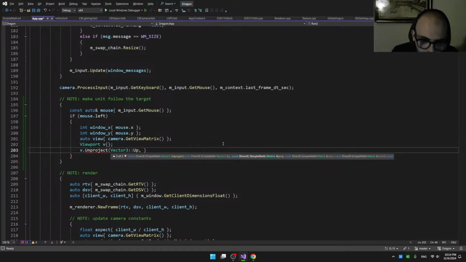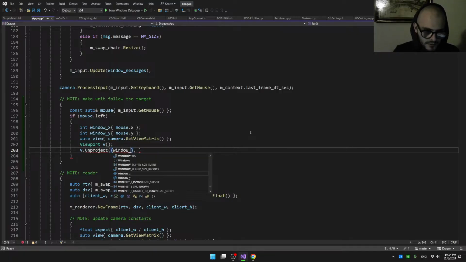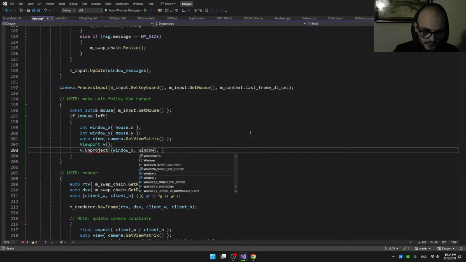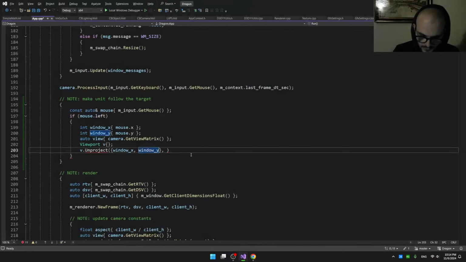Oh no, it's not up. It's the point. Okay. The point, it's the window X, window Y, the screen space point you want to unproject, so the mouse coordinates.